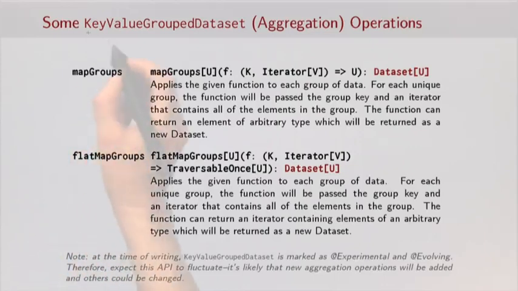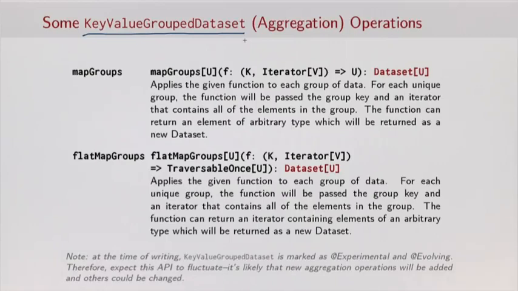So let's go back to this key value group dataset thing again. While normally the operations on these group datasets are aggregations, there are a couple of not really aggregation methods that are also very useful. One is called map groups, which is very similar to the reduce groups that we saw earlier. What this method does is apply the map function that you pass to it to each group of data.